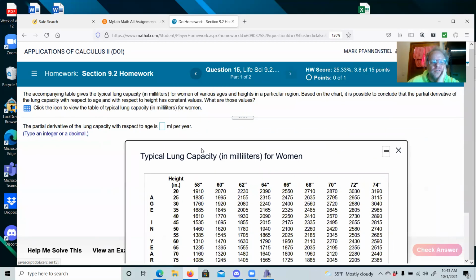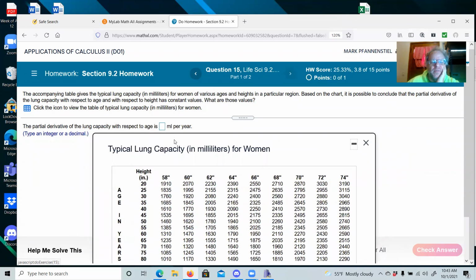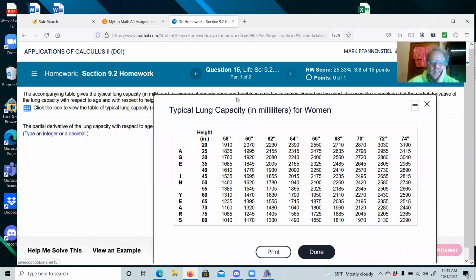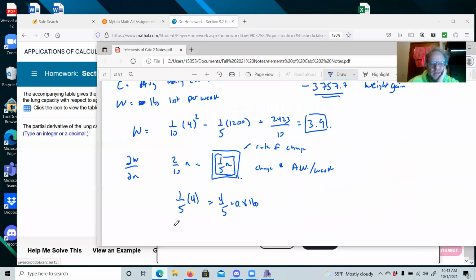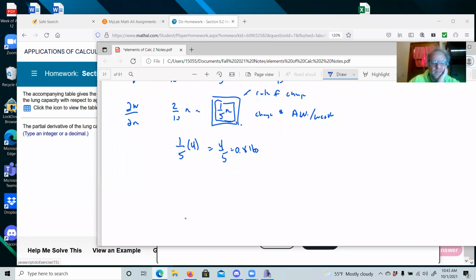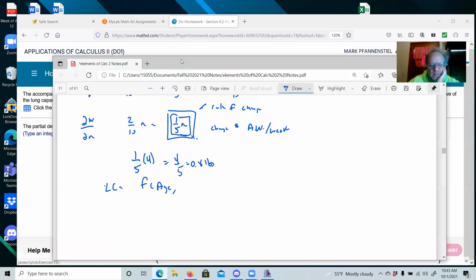So let's see. Partial derivative in lung capacity with respect to age. All right, so what are we doing? We have lung capacity equals this function of age and height.